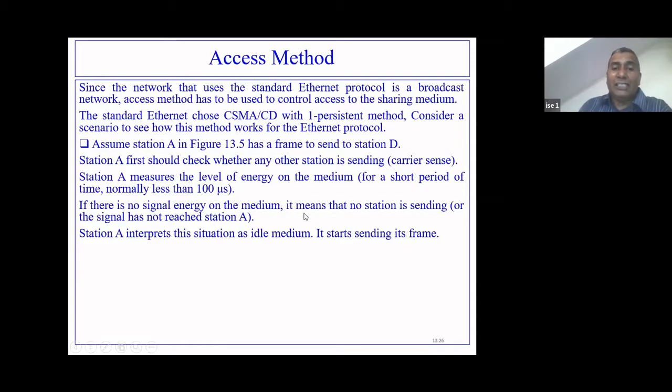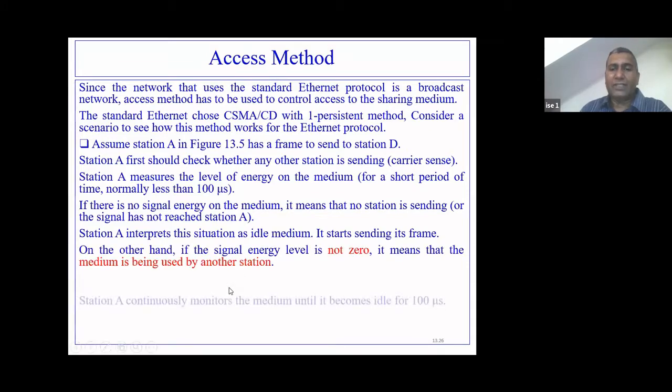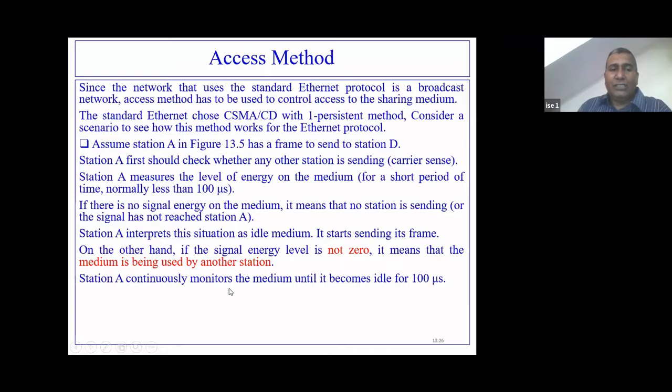If energy, that is the electrical signal, is there, it will not send. But the moment it sees that the medium is idle, that means no signal is there on the medium, it starts sending its frame. That's the one persistent method, right? So how does it know whether the channel is idle?